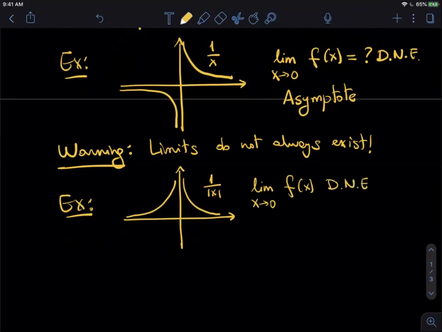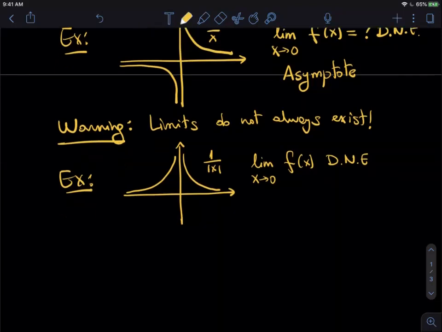As we approach x equals 0, we keep going up, but there is no value that we are approaching from both sides. Infinity is not a number. If you were thinking the limit is equal to infinity, we will talk about this, but keep in mind that it's not a number.